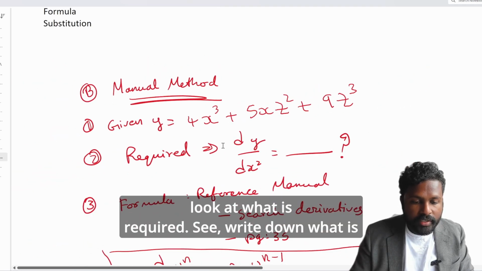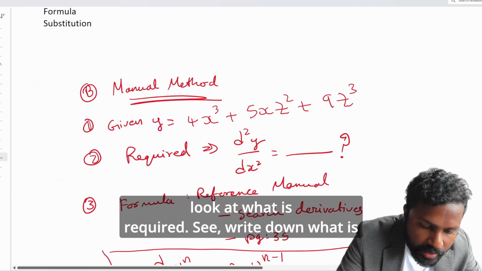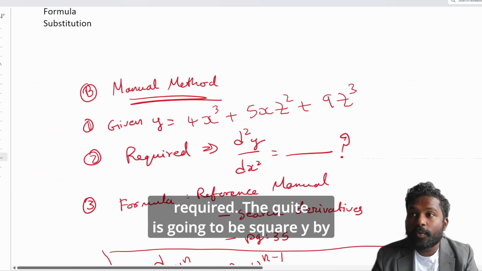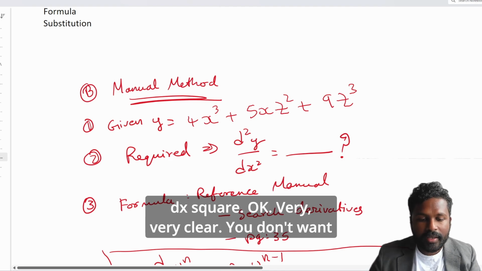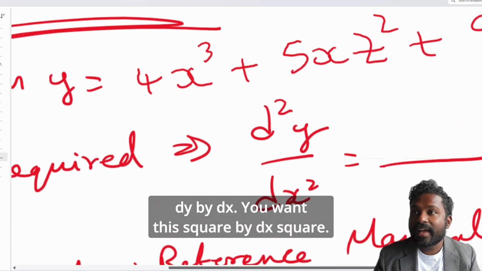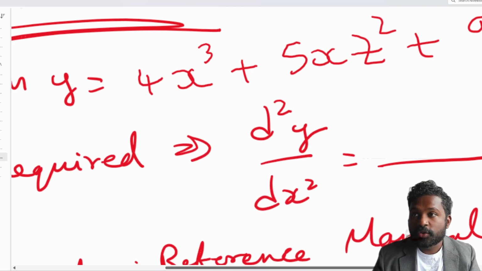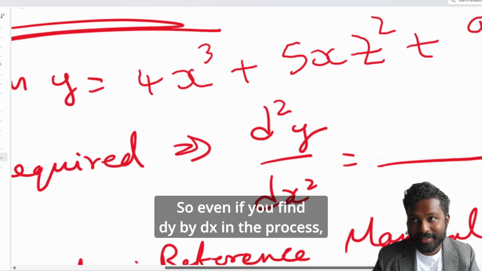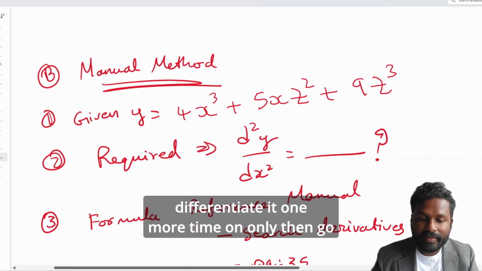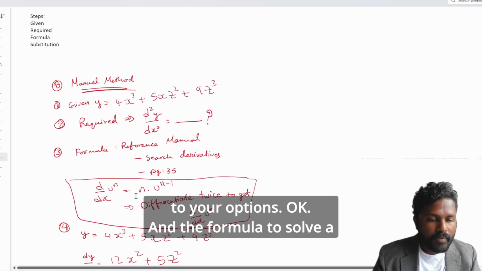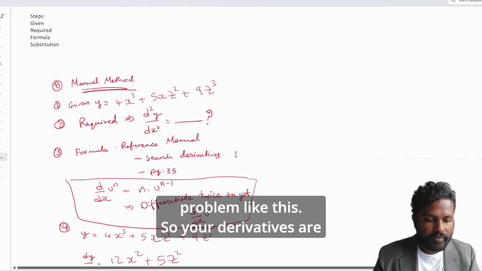And then look at what is required. Write down what is required. Required is d square y by dx square. Very clear. You don't want dy by dx, you want d square y by dx square. So even if you find dy by dx in the process, differentiate it one more time, and only then go to your options.